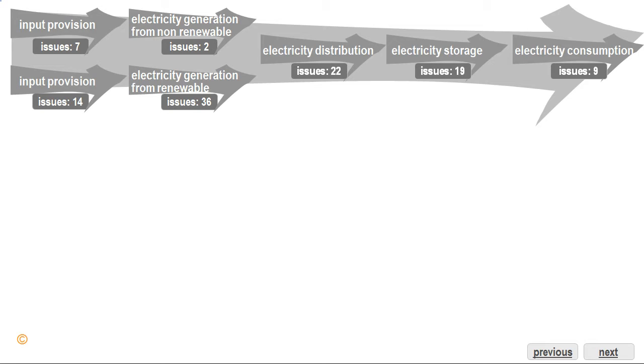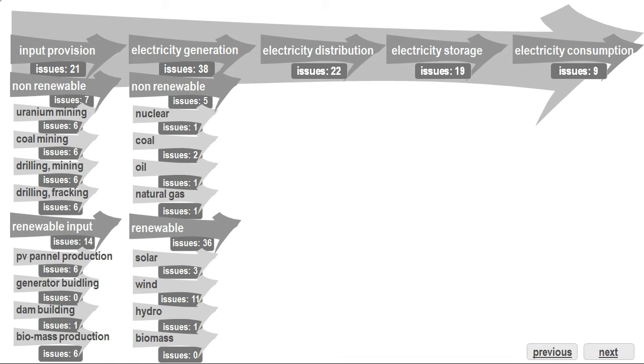We can zoom in further to see that some parts of the supply chain split into parallel activity systems, for example generation from non-renewable and renewable resources, or input provision for each of those. By drilling even further, we can unpack all the subcategories of the non-renewable and renewable input provision or electricity generation.